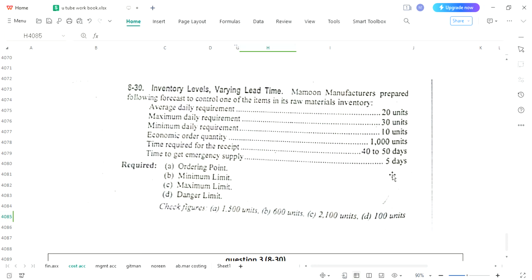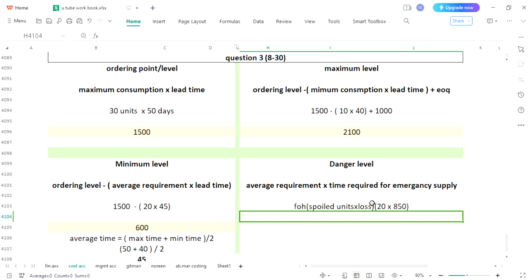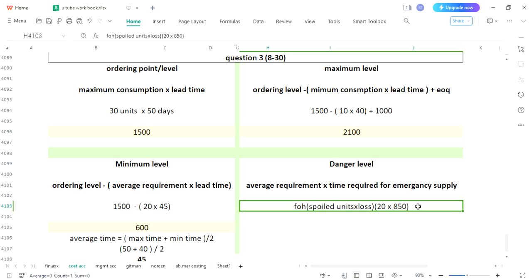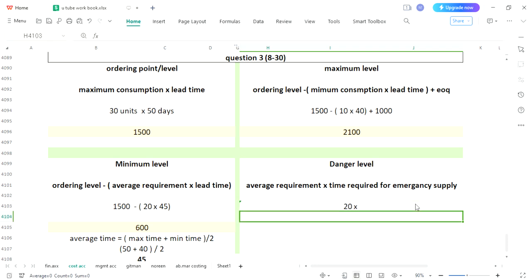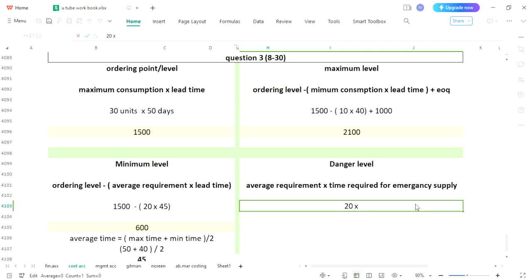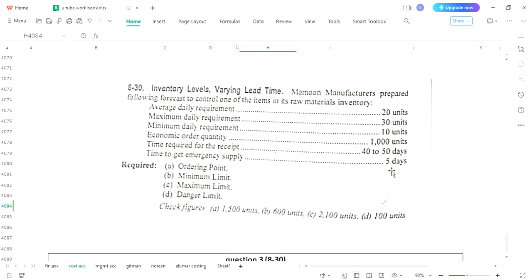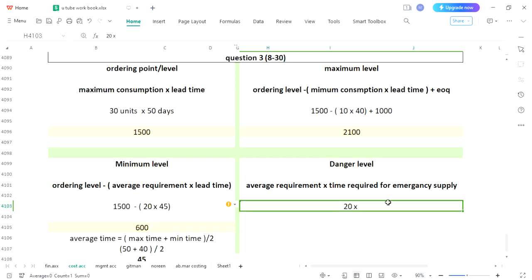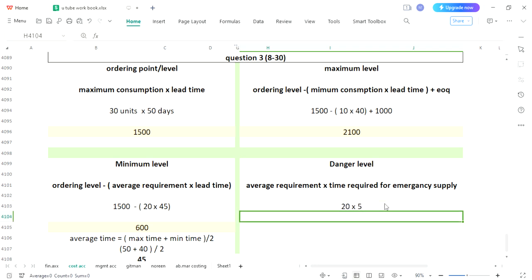And for danger level, our formula requires time required for emergency supply. So average requirement was 20, and for time required for emergency supply, that is 5, so just put 5 over here. In this way, your danger level has been completed.